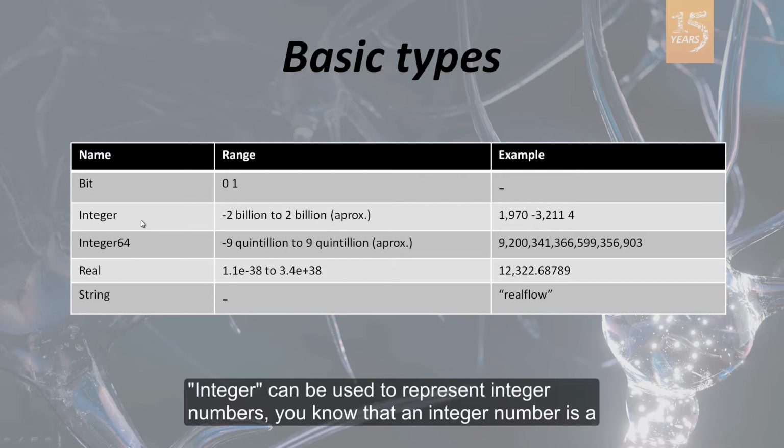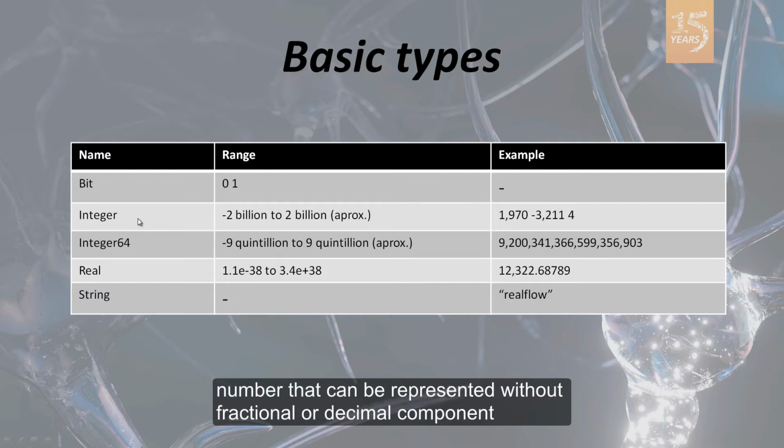Next type, integer, can be used to represent integer numbers. You know that an integer number is a number that can be represented without a fractional or decimal component.